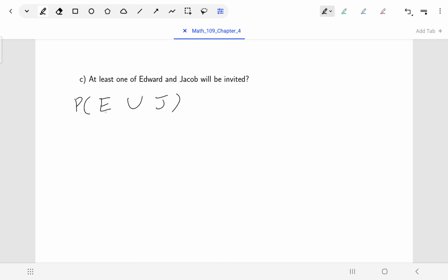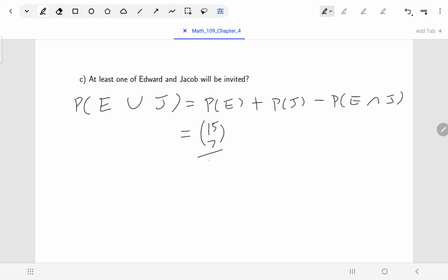I could say, well, if we look for Edward or Jacob to be invited, we would find the probability that Edward is invited, add on to it the probability that Jacob is invited, and then remove the probability that they're both invited, that Edward and Jacob are invited. And conveniently enough, we kind of have enough information now to solve this problem, because we found out before that the probability that Edward would be invited turns out to just be 15C7 out of 16C8.